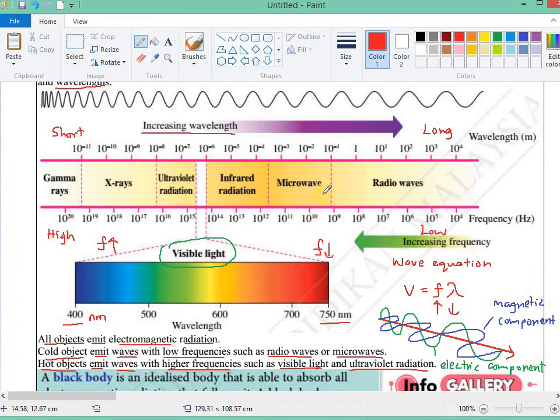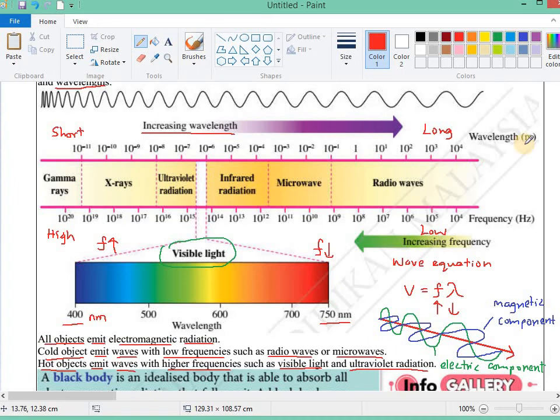So the car only produces electromagnetic wave with frequency in infrared radiation, microwave, maybe radio wave. That means within this range. You have infrared, you have microwave, maybe you also have radio wave.